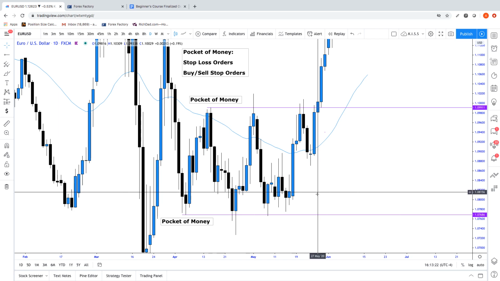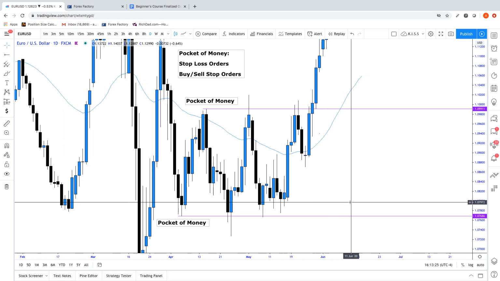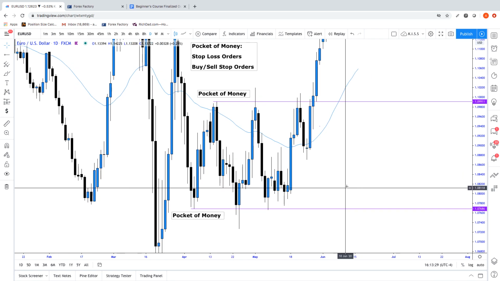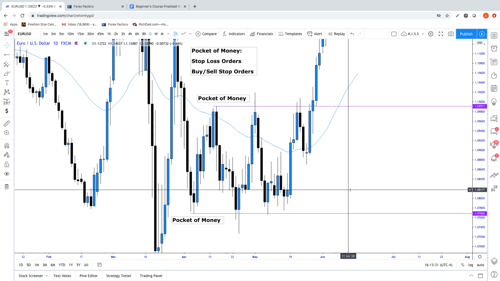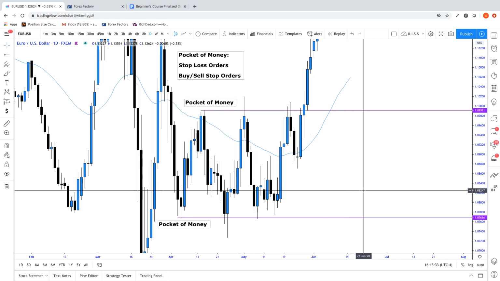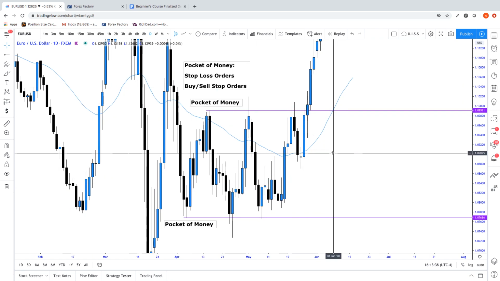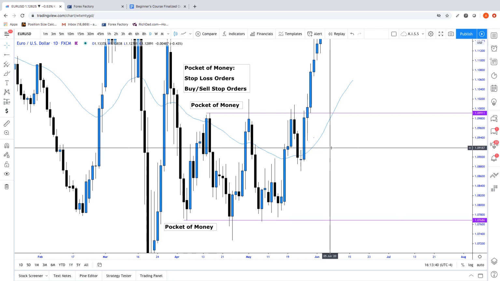Oftentimes, pockets of money are specifically engineered by banks, hedge funds, the market makers, the liquidity providers who rule and dominate this market.